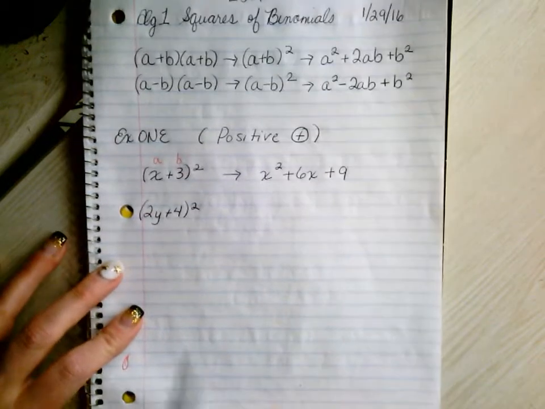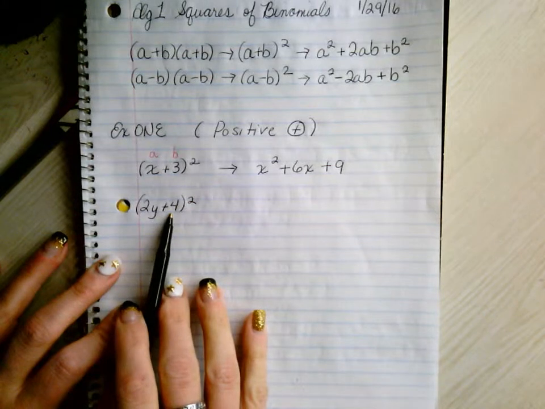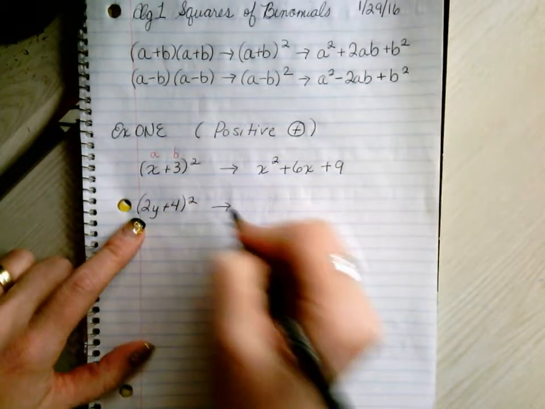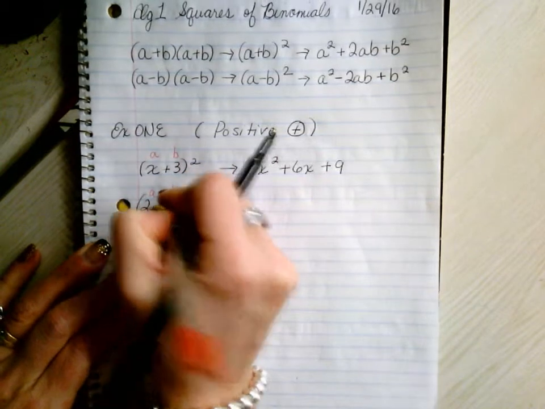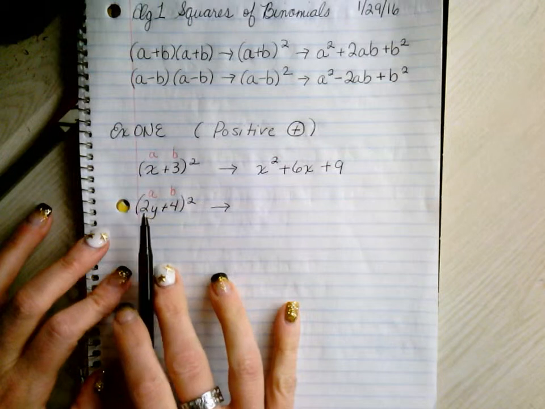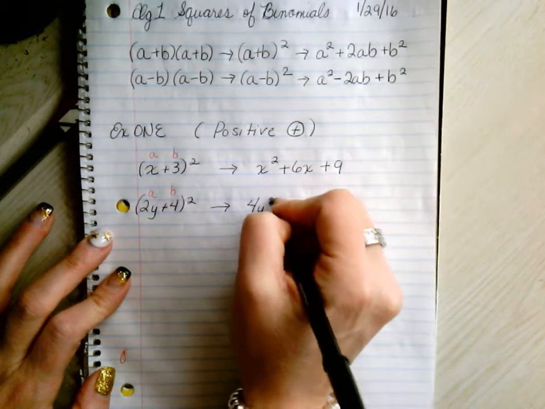Here's another one. I am squaring this. Square of the binomial. So, using a and b as my reference points, what is the result of a squared, class? 4y squared. Thank you.